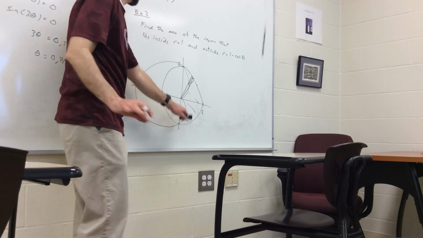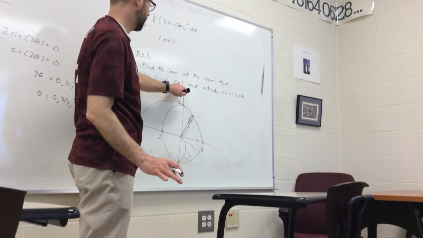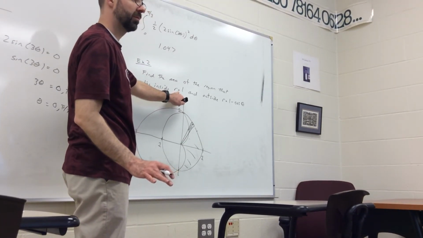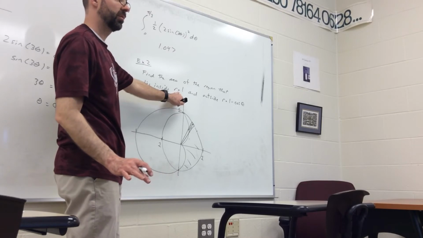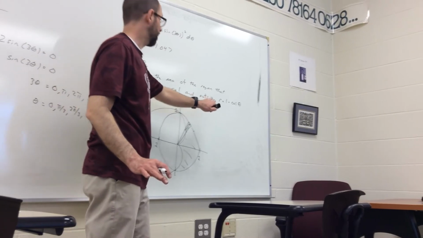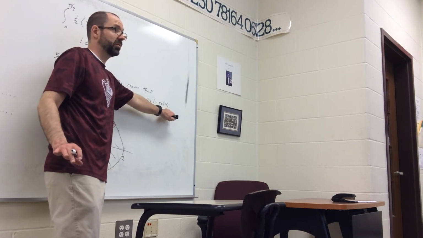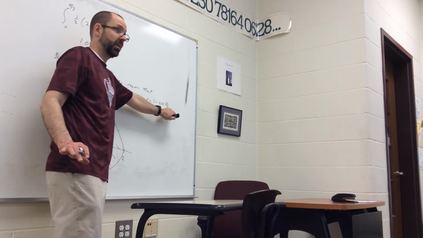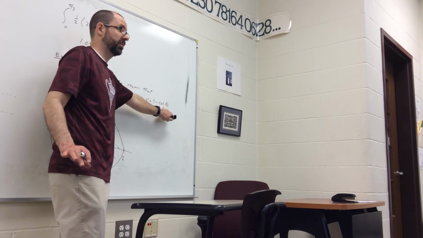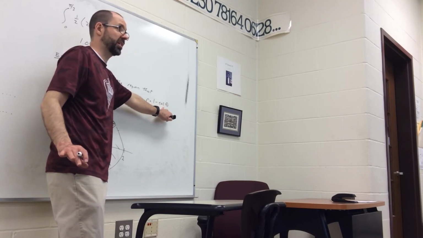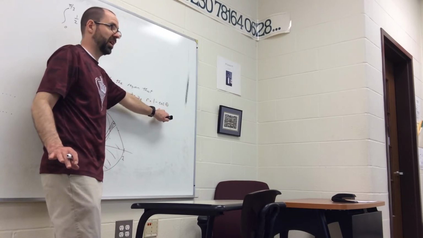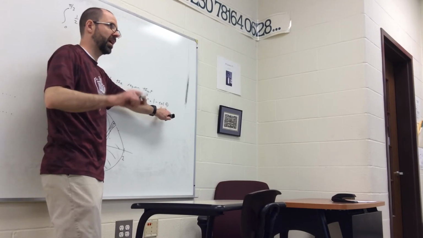So let's plug negative pi over 2 into this. Well, what do you get? 1. Okay. Let's plug negative pi over 2 into this. Cosine of negative pi over 2 is 0. And then 1 minus 0 is 1. So they are intersecting at the point 1, comma, negative pi over 2.